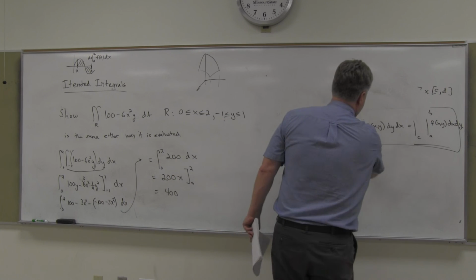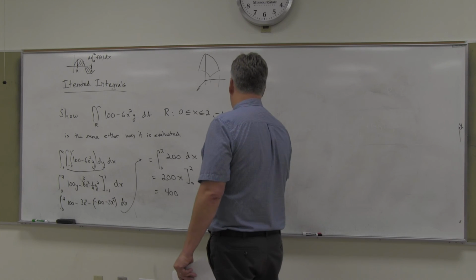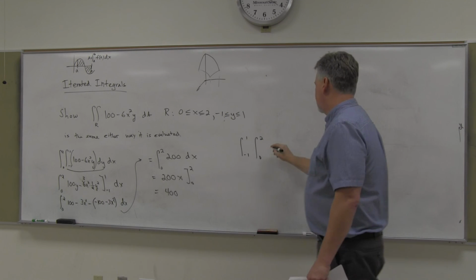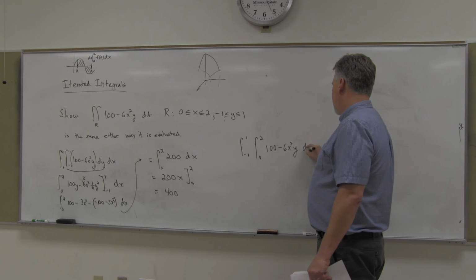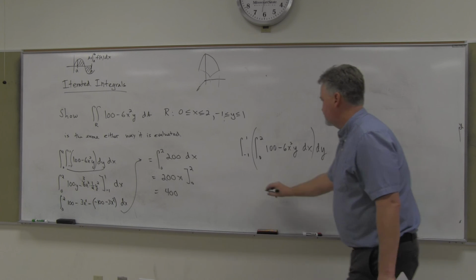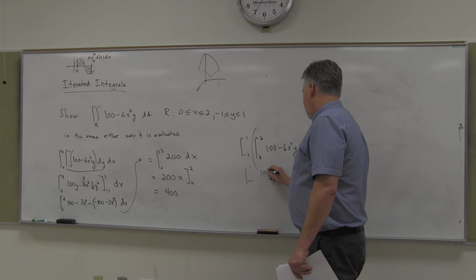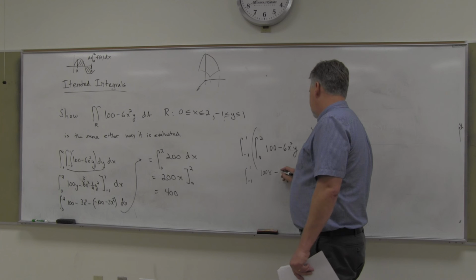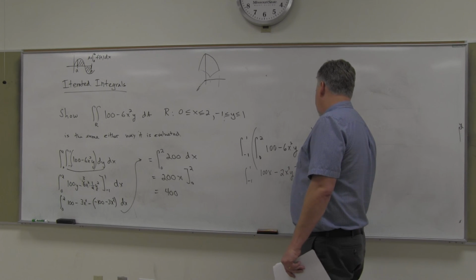If we do it the other way, I'd do the x's first, so it would be -1 to 1, then 0 to 2. The x's go inside here. Then it's 100 minus 6x squared y dx, then dy. So I do the x's first: 100x minus the x cubed divided by 3, so it'll be minus 2x cubed y, for x equals 0 to 2.